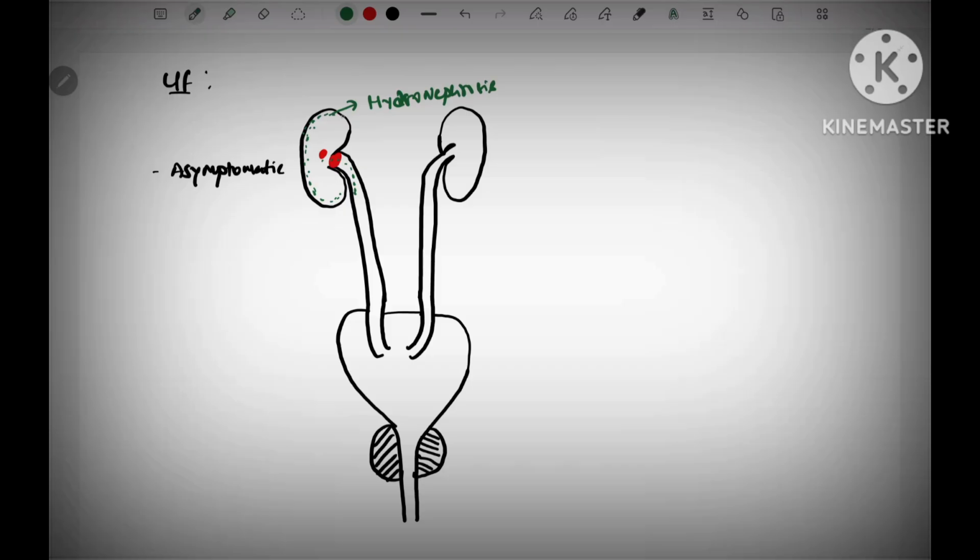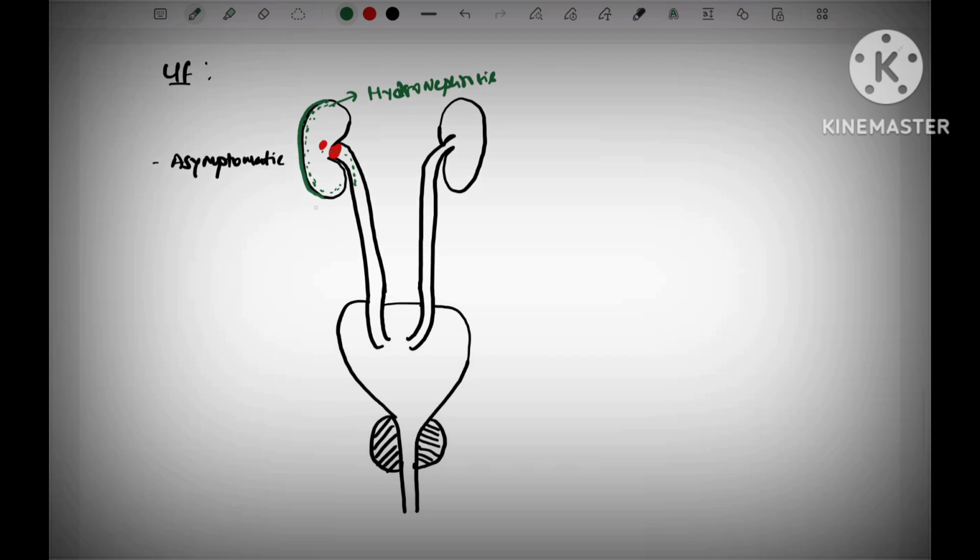Now if urine collects in the kidney, then we know that the kidney is surrounded by different capsules: true capsule, false capsule, renal fascia. This capsule will get stressed, stretching of the capsule occurs, and it will cause a dull aching pain.